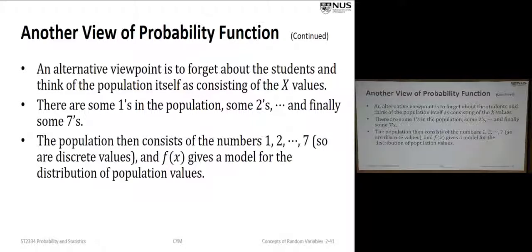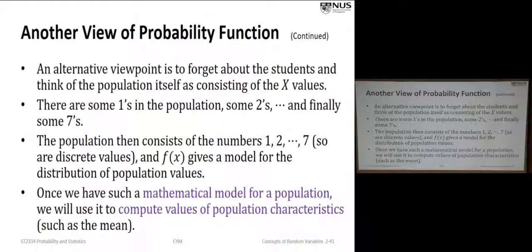So it consists of the values 1, 2, 3, 4, 5, 6, 7, and f of x is the proportion in this population that have those values. So we consider this as a model to describe the population.